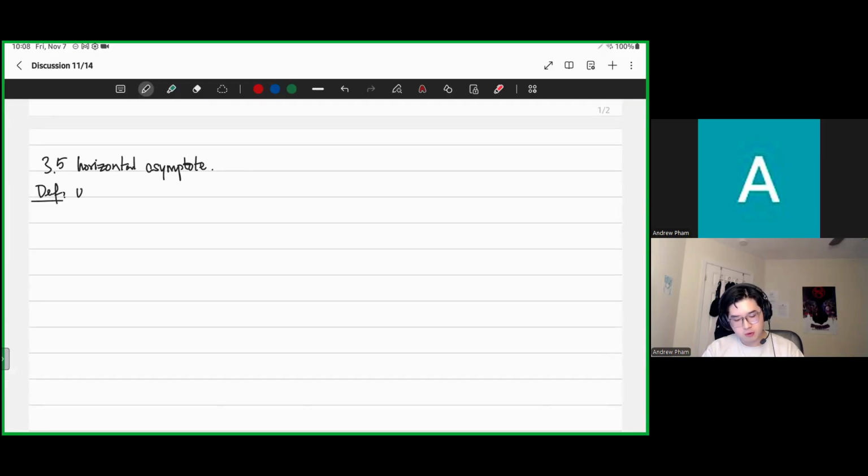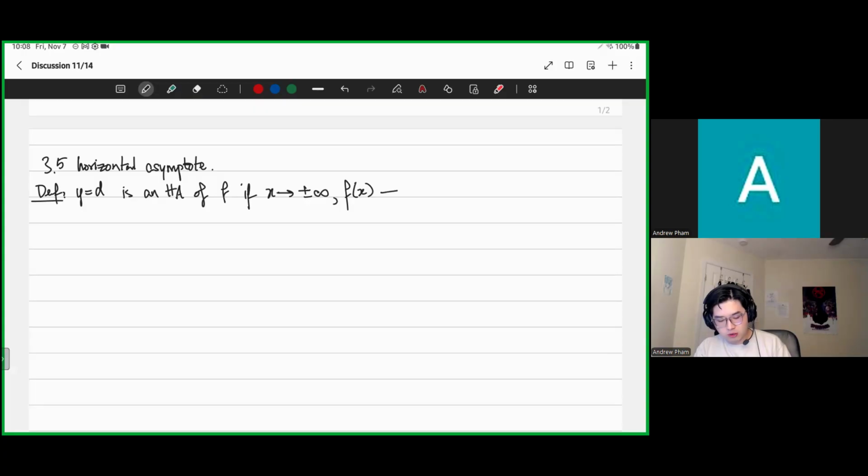The horizontal line y equals d is an HA of f if, as you approach the extreme ends of your graph, so plus or minus infinity, extreme left or the extreme right, your function f of x is going to limit to this d value, right?